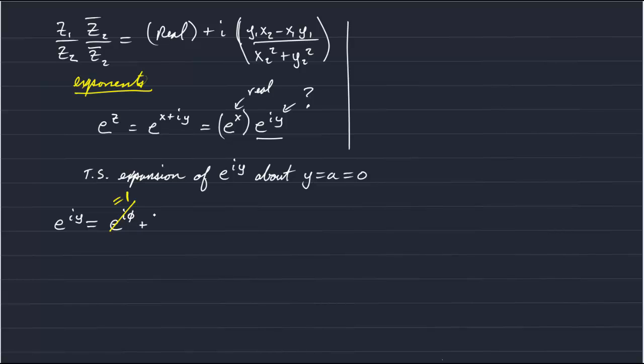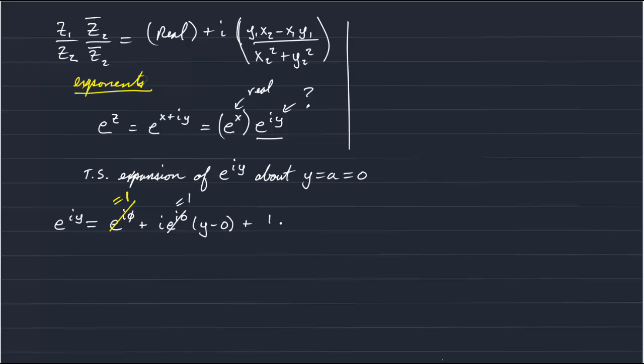The second term is the derivative evaluated at point 0, and that's i times e to the i0, which again is equal to 1. And then we have to multiply that by y minus a, or in this case, 0.